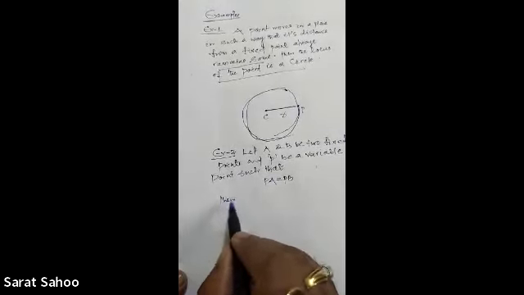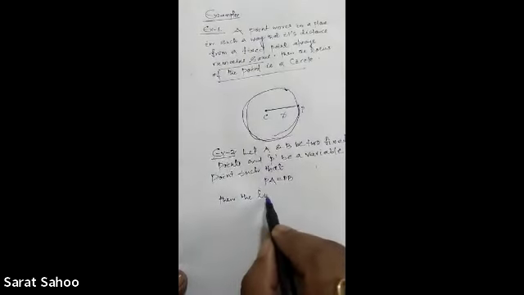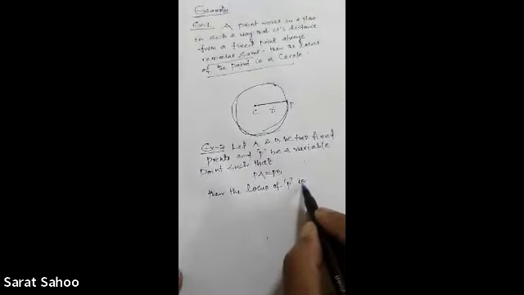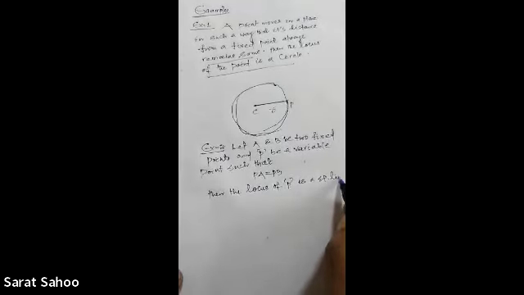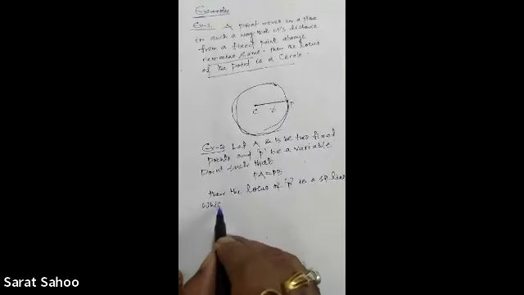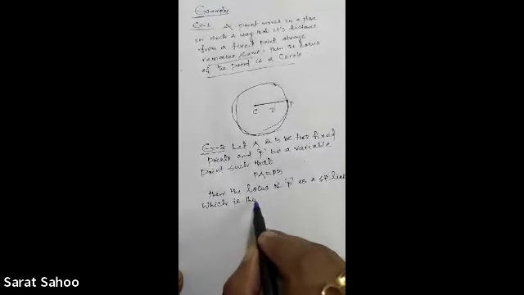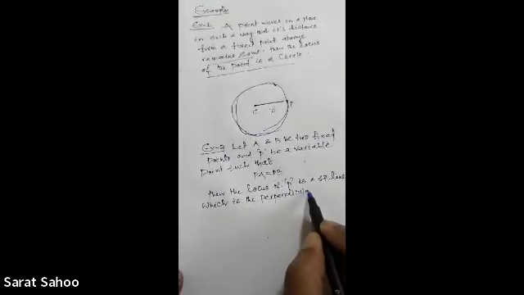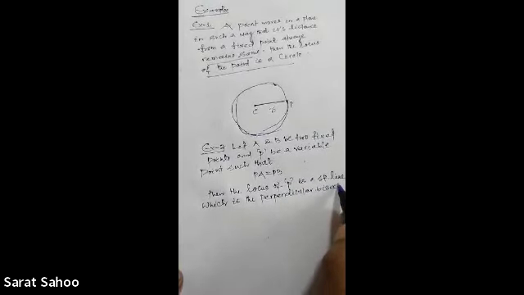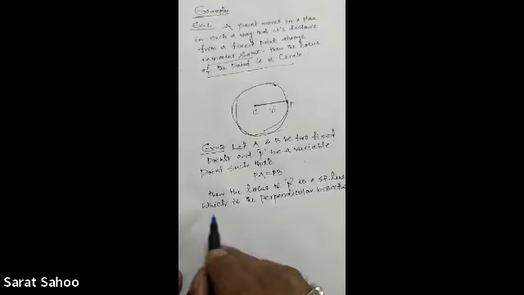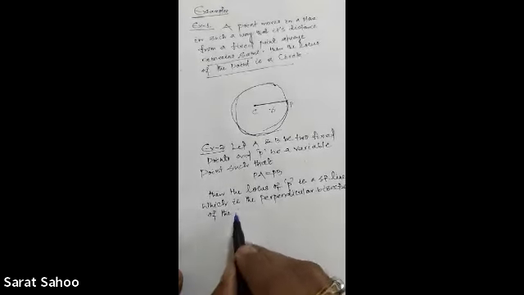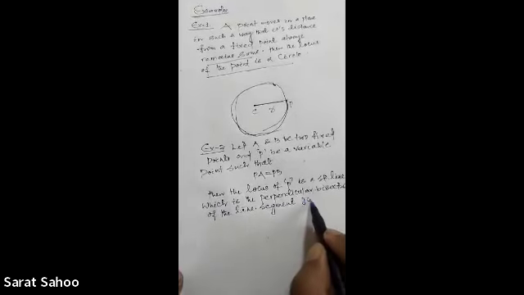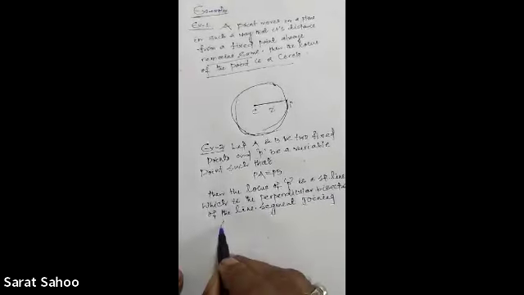Then the locus of P is a straight line which is the perpendicular bisector of the line segment joining A and B.